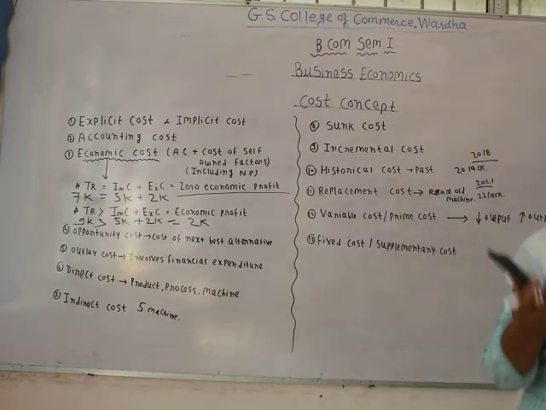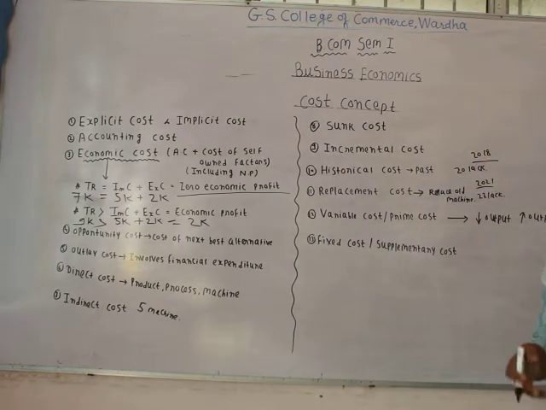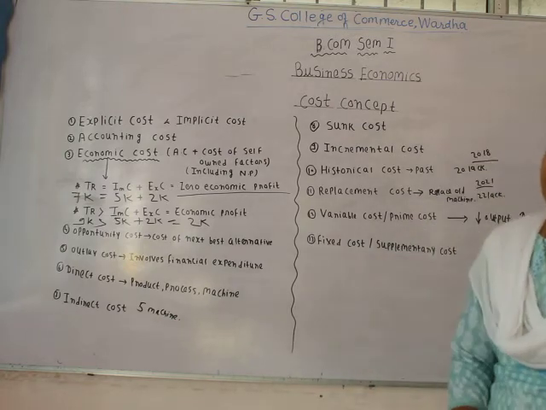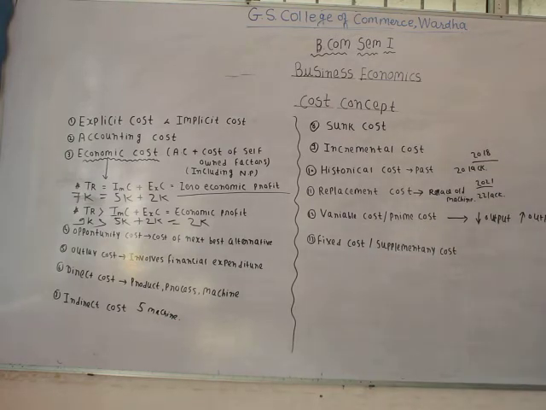If you are producing 100 units of calculator, you would require less raw material. But if you increase the units from 100 to 200, the amount that you would require for producing this calculator, that is raw material, labor, machines, would also increase. So it's known as variable cost.